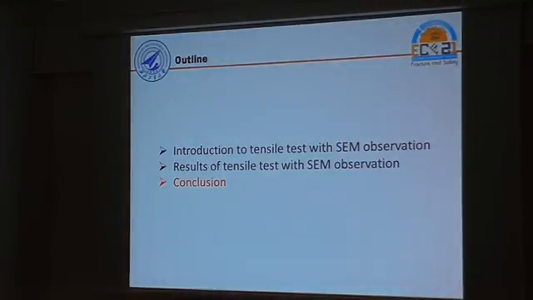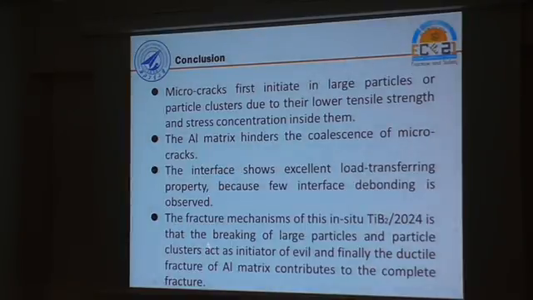Now we draw a conclusion for our research. The first is that microcracks firstly initiate in large particles or particle clusters due to their lower tensile strength and stress concentration inside them. And the aluminum matrix hinders coalescence of microcracks.